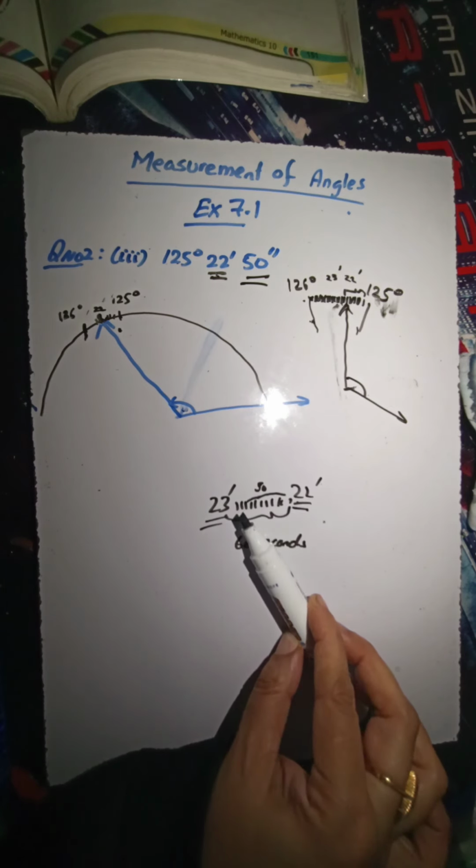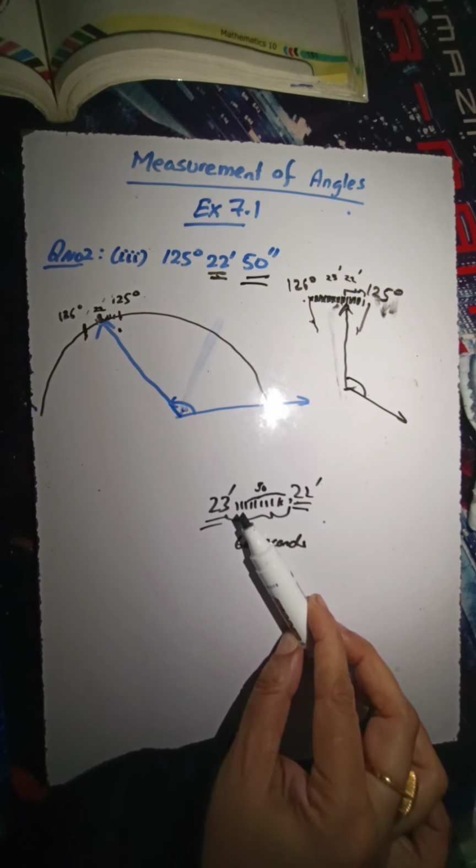So first it has reached 125 degrees, it has crossed it, and then before reaching 126 it has only covered 22 of the divisions, 22 out of these 60 divisions. And after reaching the 22nd minute, it has covered 50 divisions of the next minute, means it has covered 50 seconds. So this is what it means.